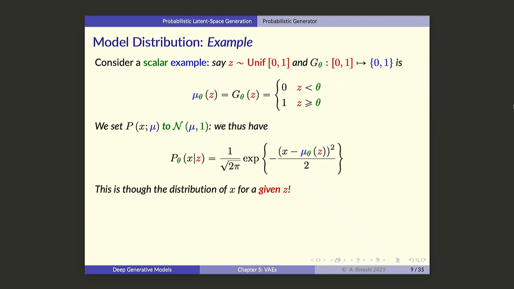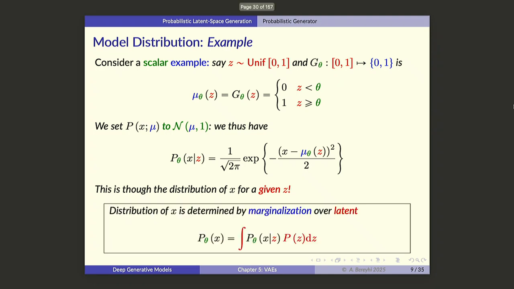But what if I want to know the data distribution, which is the distribution of x only, not x given z? What should I do? Marginalization. Great. I have this conditional distribution, and I'm going to multiply it with the latent distribution and integrate over the latent.